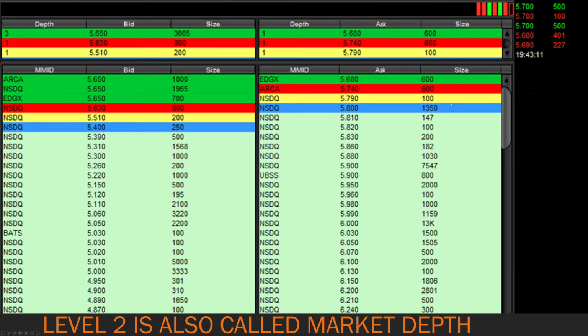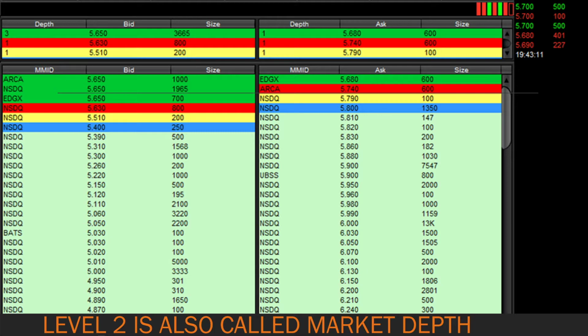Now, does anybody know what this screen right here is called? It says it on the screen, at the bottom. Yeah, it's level 2. It's called level 2, and it's also called market depth. That's right, Stacy.